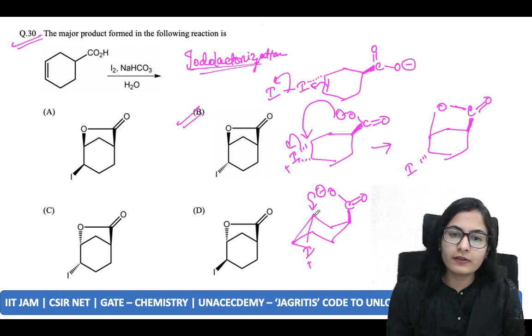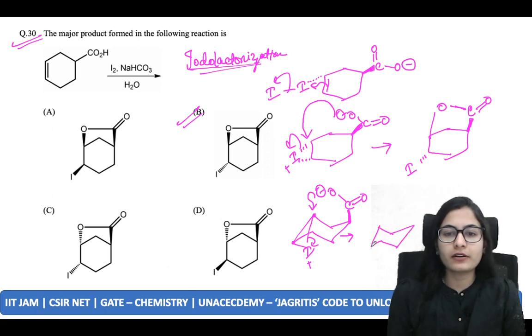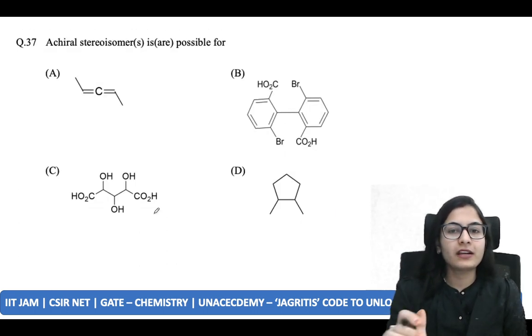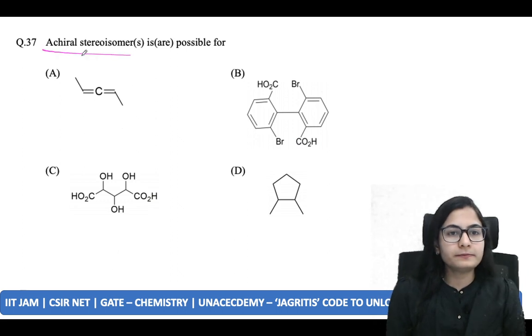So it is always going to be attacked on this carbon from the back, and this is going to be your product. Alright, so I is going to go below, and this is oxygen, this is your carbon, and this is connected right over here. So this is how the iodolactonization takes place. The answer is option B.